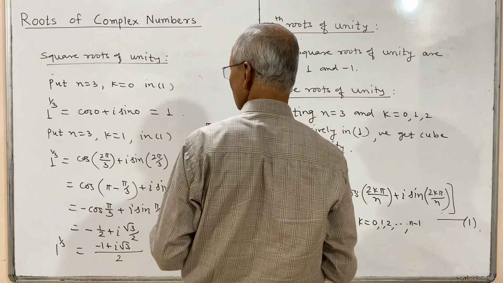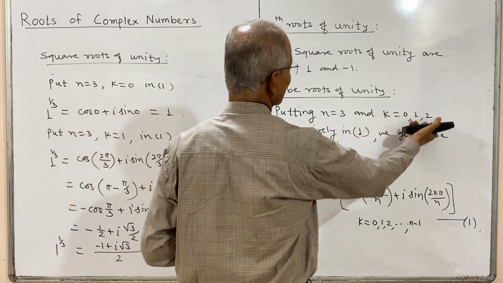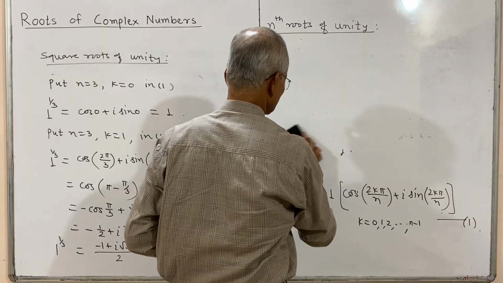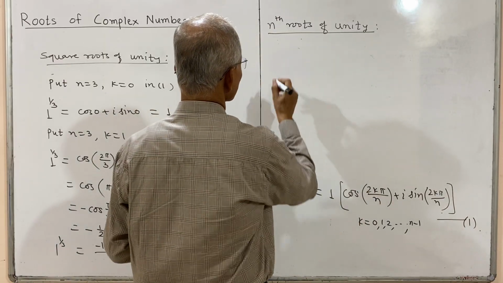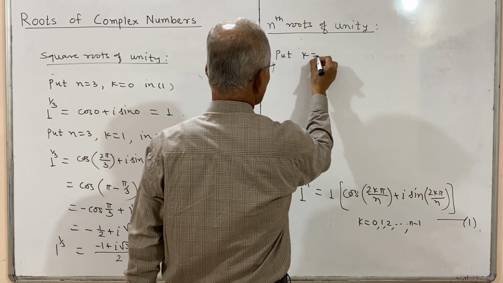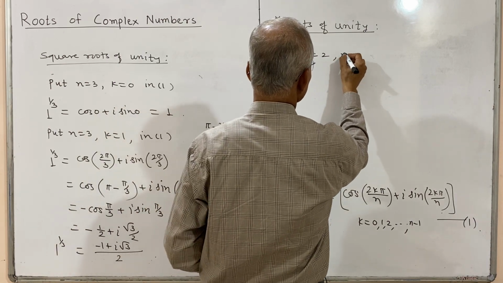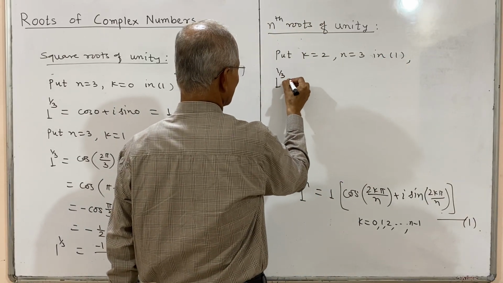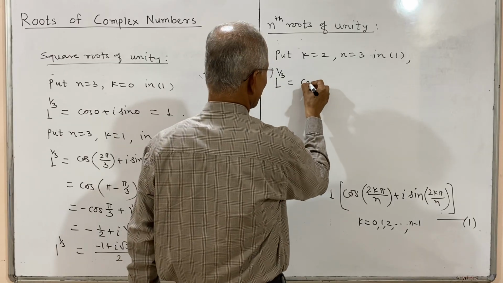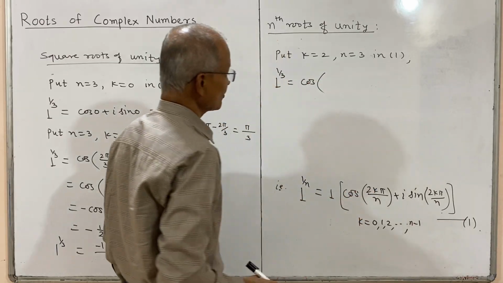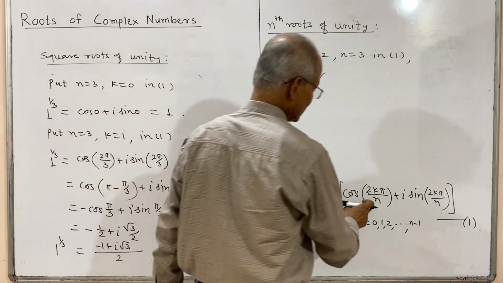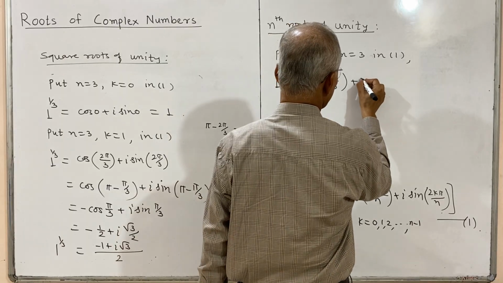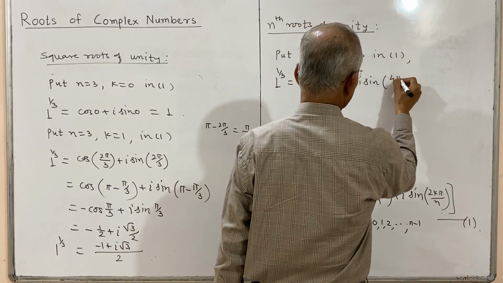And for getting the third cube root of unity, we have to put k is equal to 2. So put k is equal to 2 and n is 3 in 1. 1 raised to 1/3 is equal to cos, k is now 2, so 4 pi upon 3, plus i sin 4 pi divided by 3.